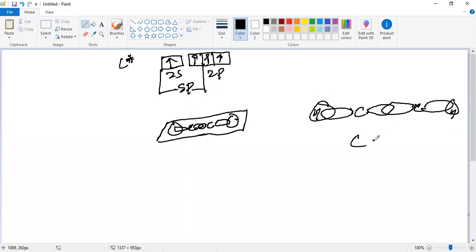Here we have C, then this bond C, then this bond H, and this bond H. That is what we have represented here. So here we have, my dear students, C bond C, then here hydrogen, and here hydrogen.